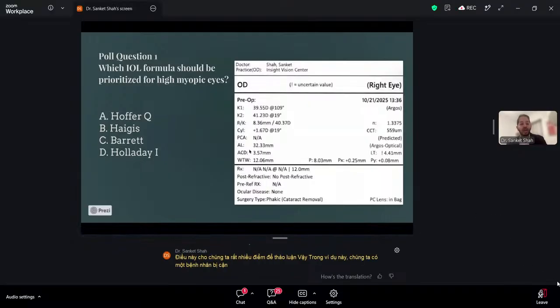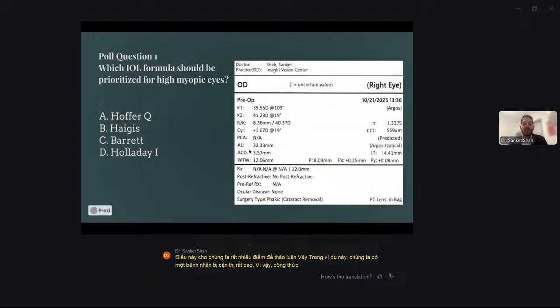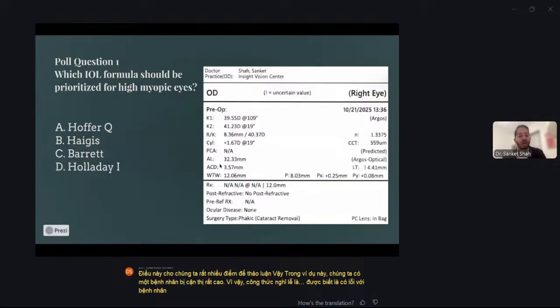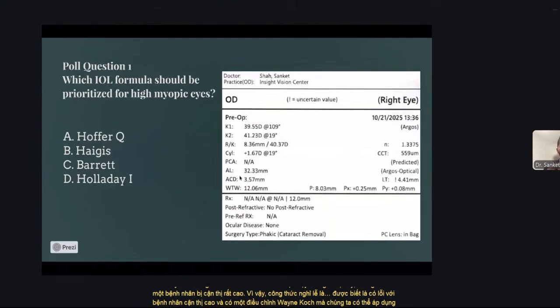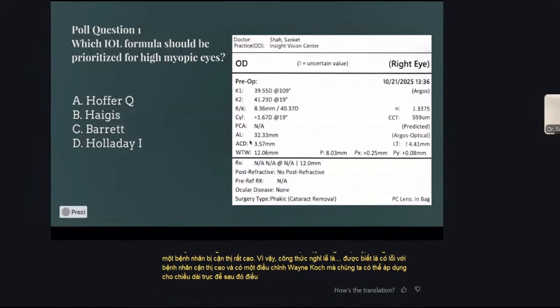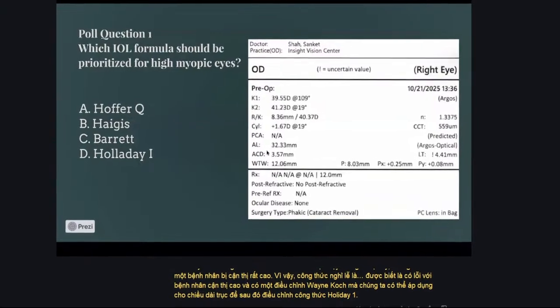The Holladay 1 formula by itself is known to have errors with high myopic patients, and there is a Wang-Koch adjustment that we can apply to the axial length to subsequently adjust the Holladay 1 formula to give us better outcomes.